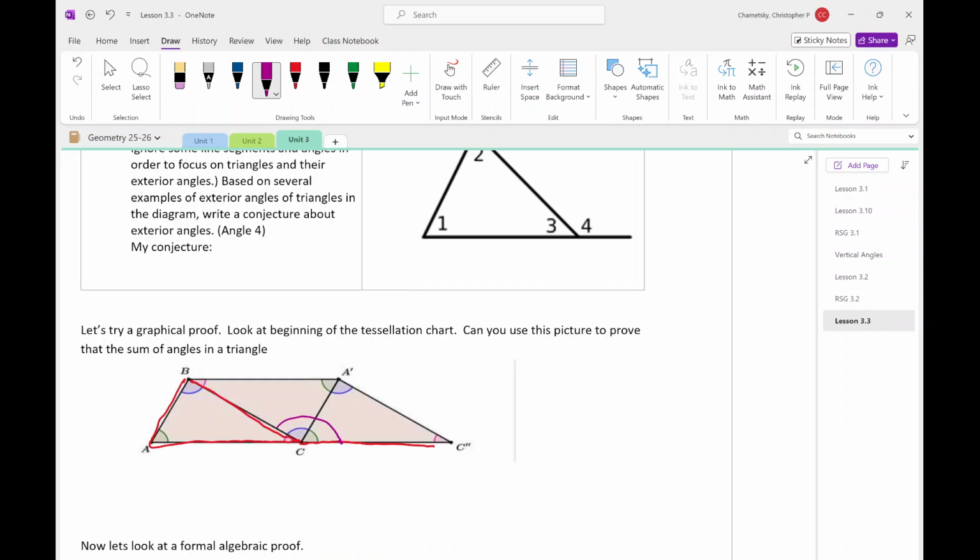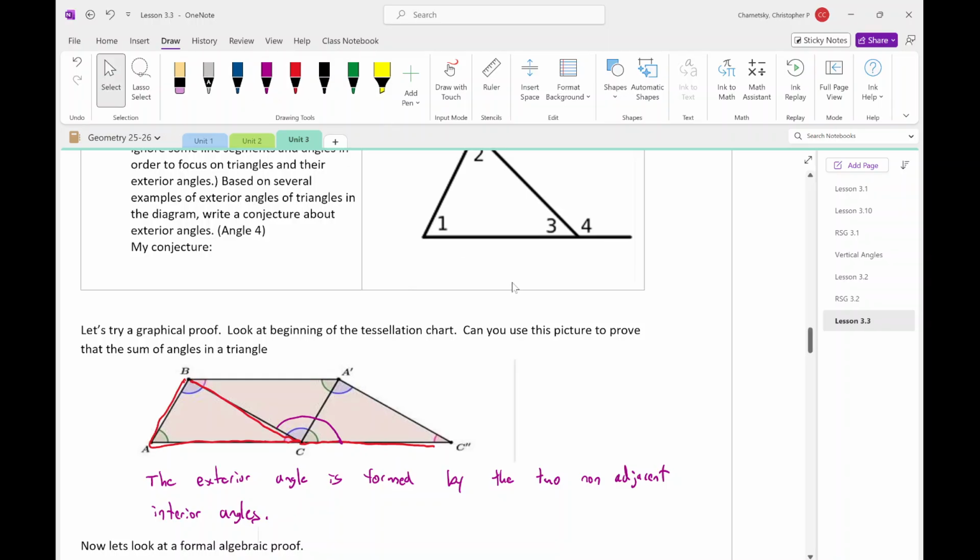So using our tessellation, the exterior angle is formed by the two non-adjacent interior angles. All right. That's the kind of visual proof here, the graphical proof.